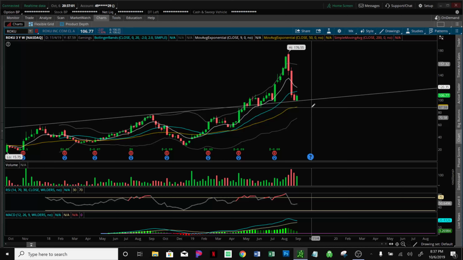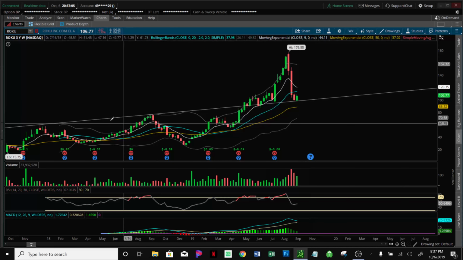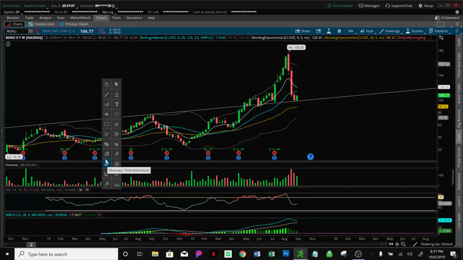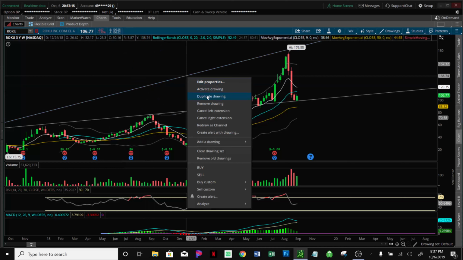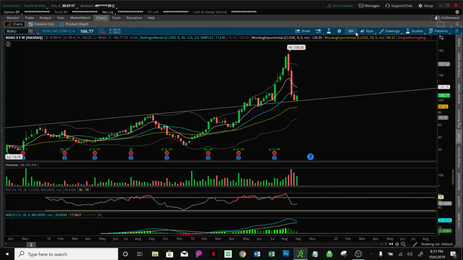The other thing that I'll do on a weekly here is start to pull in some price levels. If you just click on your drawing tool, the way you get to this tool is either up here in your drawing set, or if you click the center button on your mouse, it pulls up your drawing tools. So I'll pull a price level here.